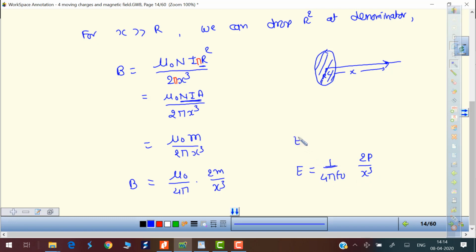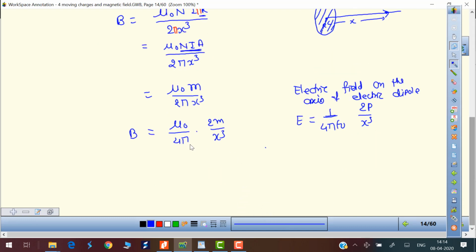So this is the electric field on the axis of electric dipole. If it is equator, then it is minus p upon x cube, if you write in the vector form. Okay.